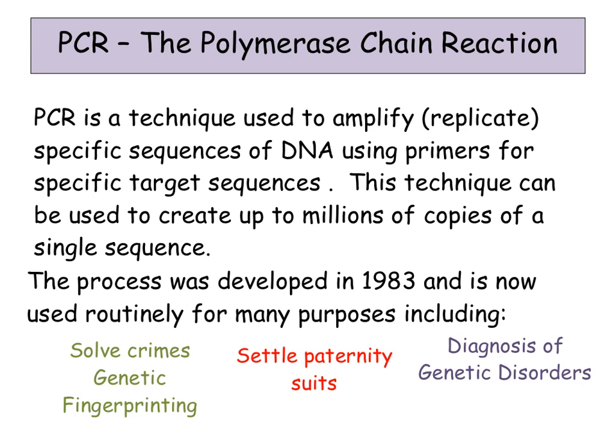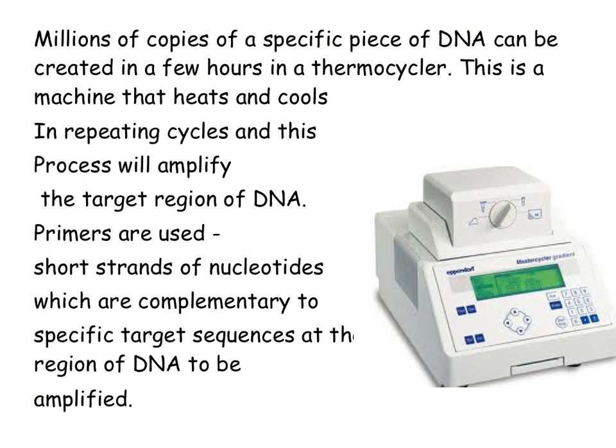So PCR is done using a machine very like this one that is here, which is called a thermocycler. So it's a machine that heats and cools the DNA, and it does that in repeating cycles, and that process amplifies the target region of DNA.